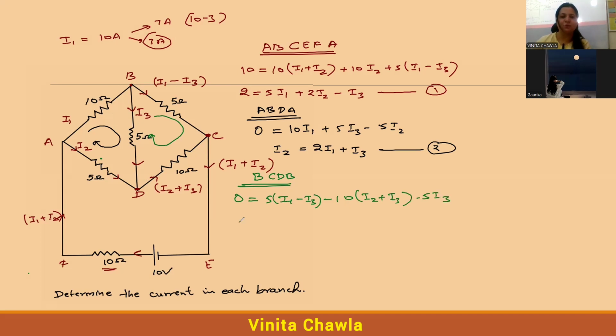Okay, on solving this equation you will get I1 is equal to 2I2 plus 4I3. This is your third equation.